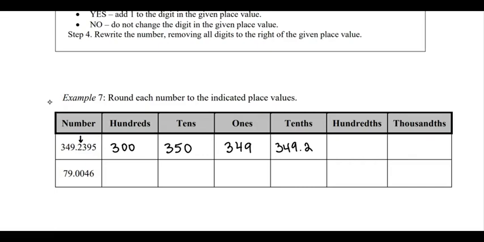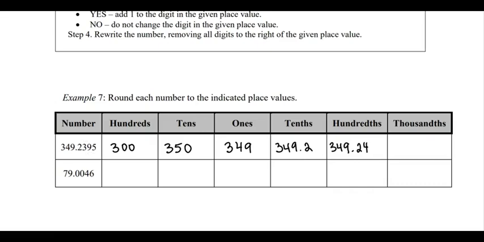All right, so to the hundredths, repeat the same process again. Hopefully it's getting a little bit easier now. The hundredths is the 3 in the hundredths place. Because of the 9 behind the 3, the 3 is now going to be 4. So I have 349.24 to the hundredths place.